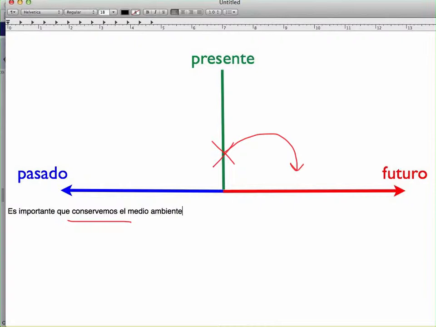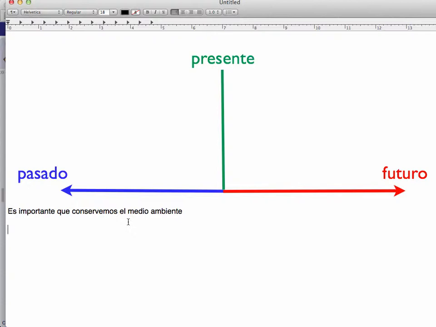Now, when we learn the present perfect subjunctive, we also started in the present, but we talked about something that was important that was already done. So we said, for example, es importante que hayamos conservado el medio ambiente. So, instead of saying es importante que conservemos el medio ambiente, we're going to express what is important that we have done.